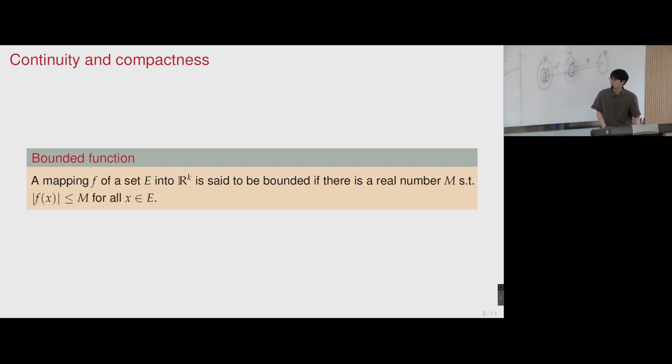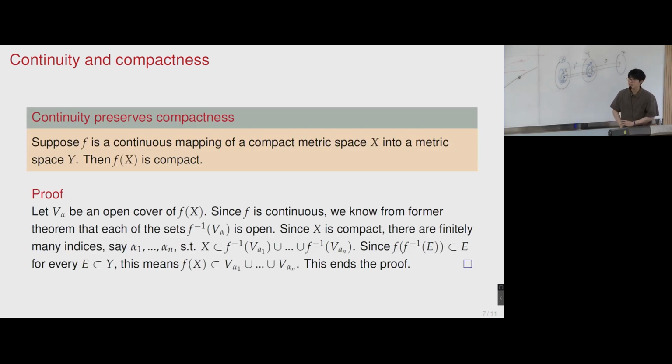So far, so good. The reason we learn about continuity, as we'll see from the title, is that continuity is very nicely related to compactness. Continuity is not just about the property of being connected. What it means is that continuity preserves compactness. So what does this mean?